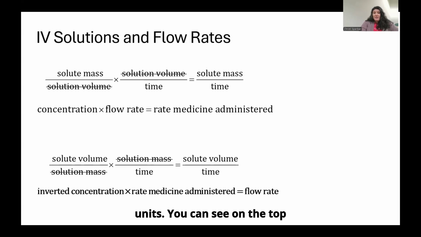On the top, you cancel out your volumes to get mass over time. On the bottom, you're just inverting your concentration in order to cancel out your masses to get volume over time. You don't need to memorize two different equations, just know which units you are looking for to know which way your conversion factor should be manipulated.